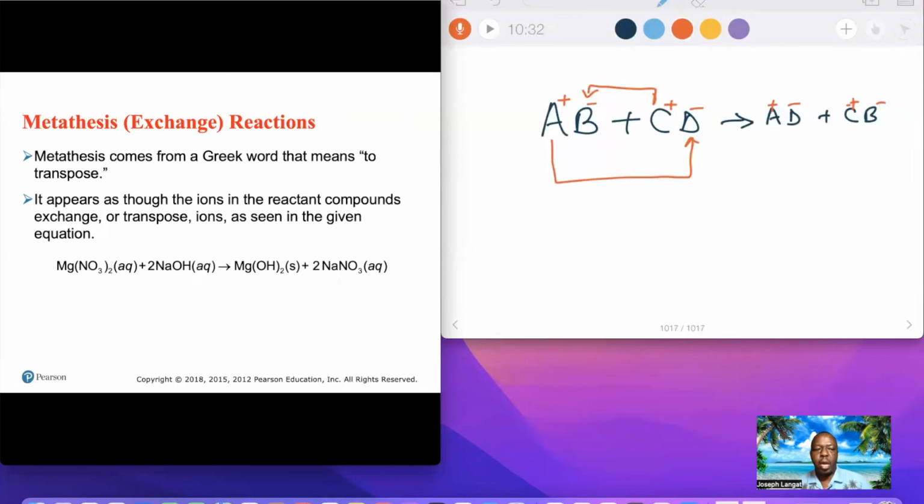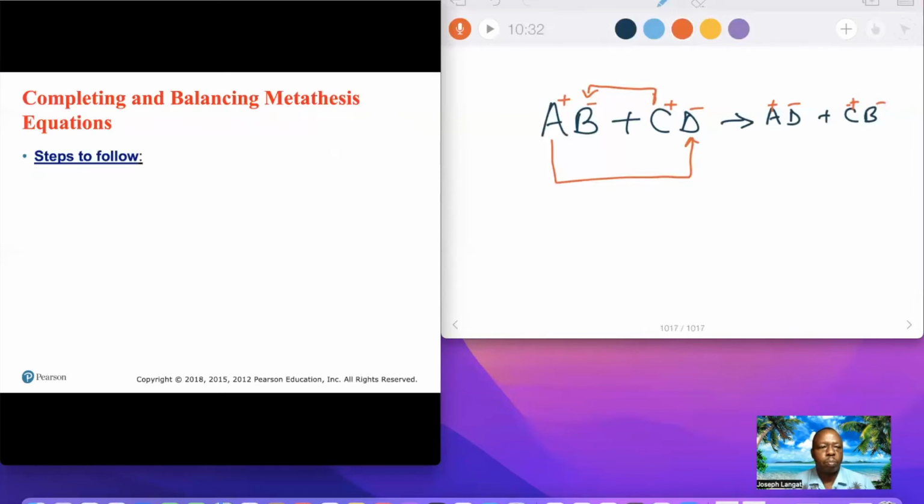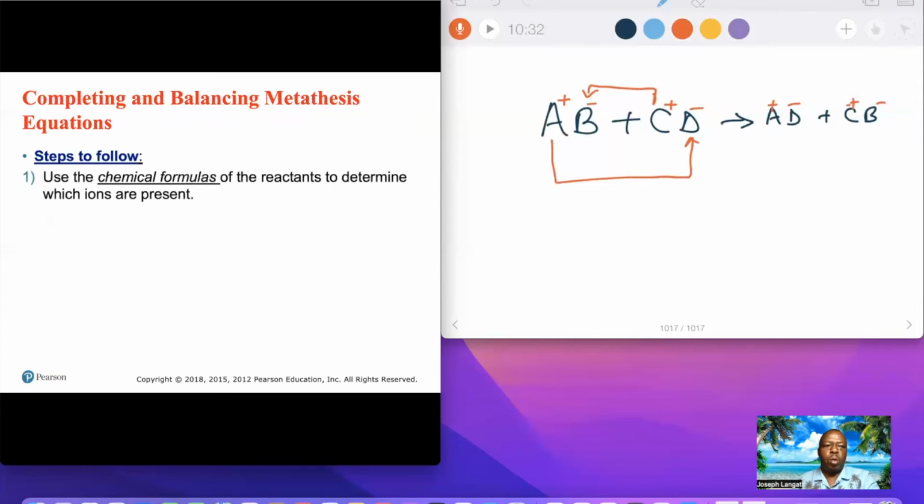They exchange the anions. For every metathesis reaction there are three steps, which we are going to look at in a moment: completing and balancing a metathesis equation.